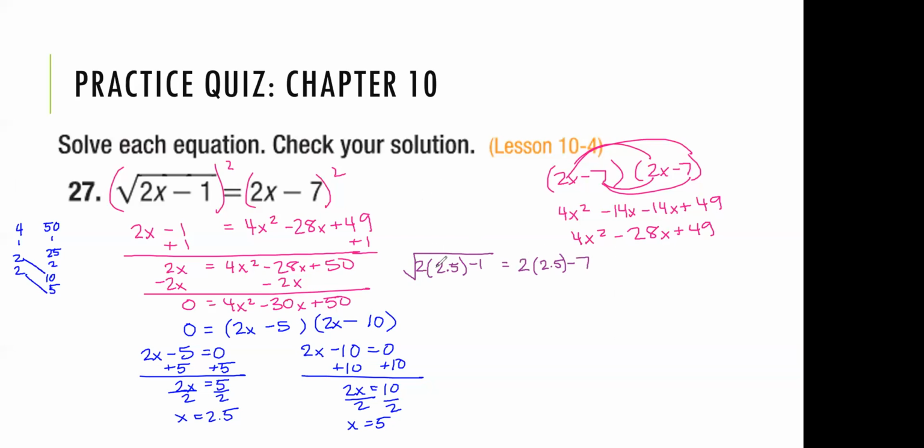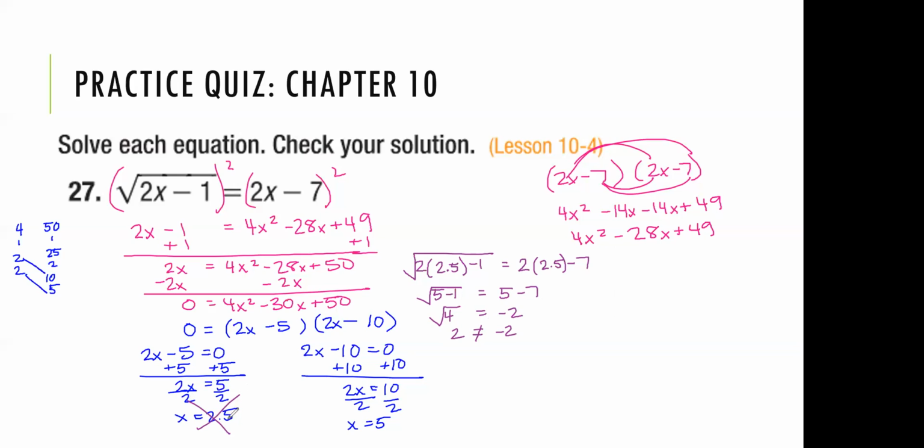So 2 times 2.5 is 5, minus 1 is 4, and 5 minus 7 is negative 2. The square root of 4 is 2. 2 is not equal to negative 2, so that is not going to be a solution.